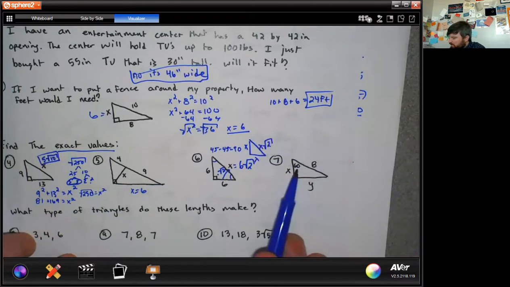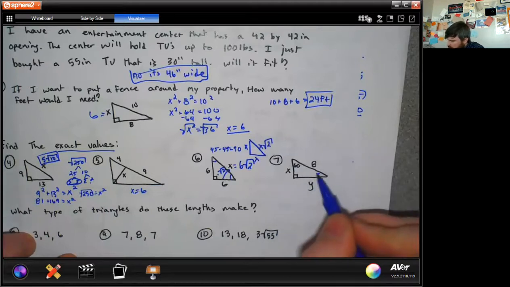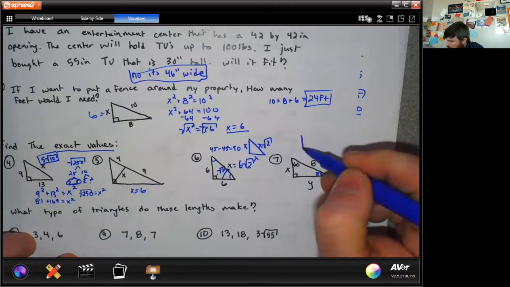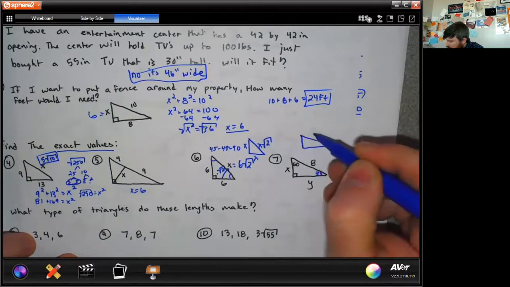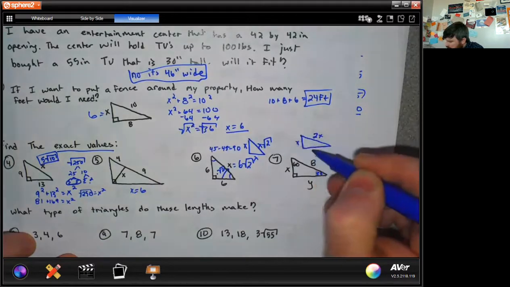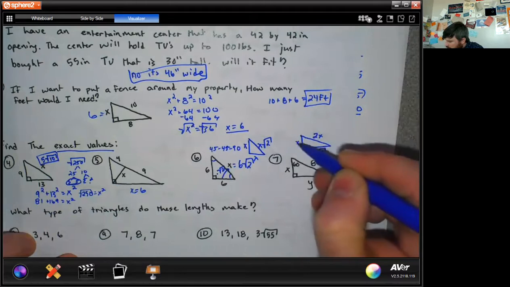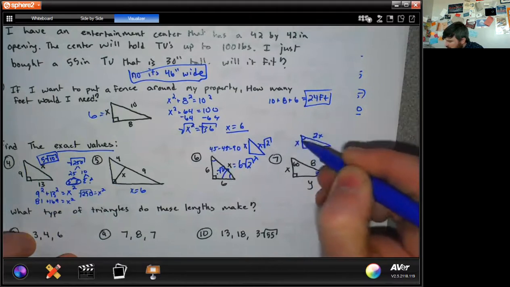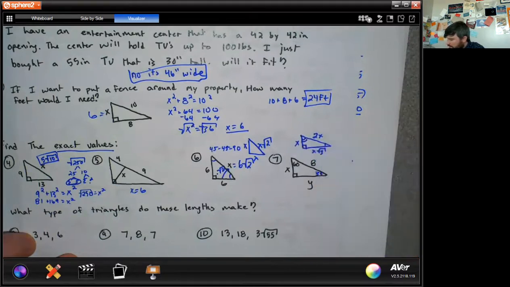Here I have a 30-60-90 triangle. So that formula is 2x, x, x radical 3, for 90, 30, 60. Okay, so I have the hypotenuse. Going from hypotenuse to a leg, I divide by 2.